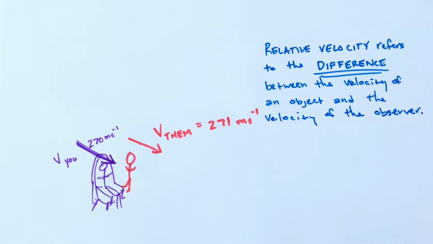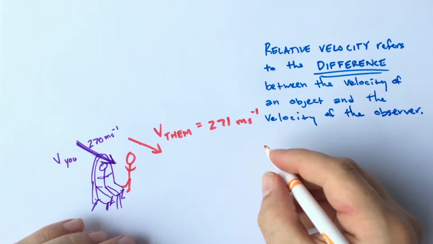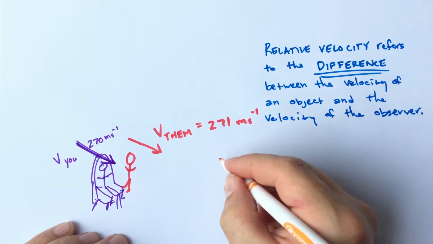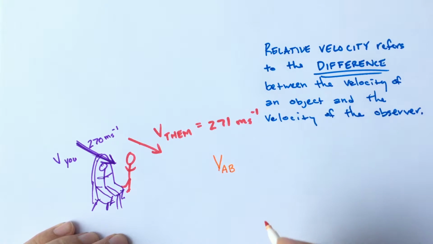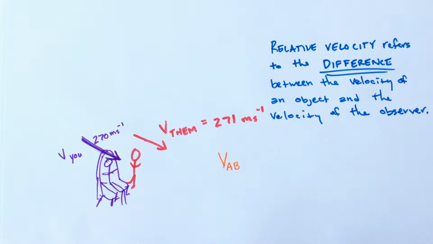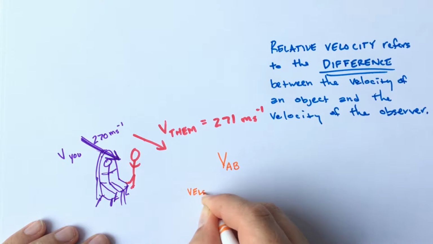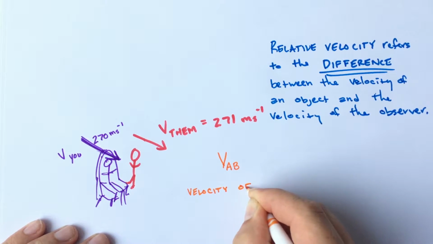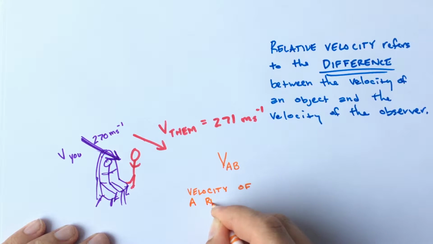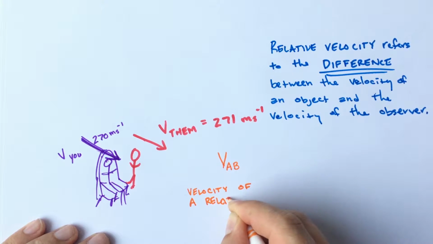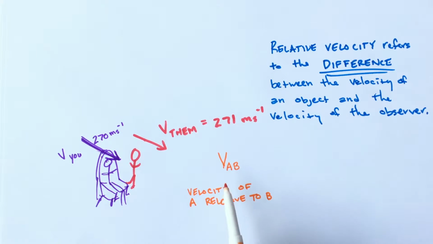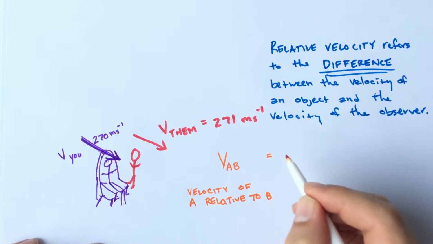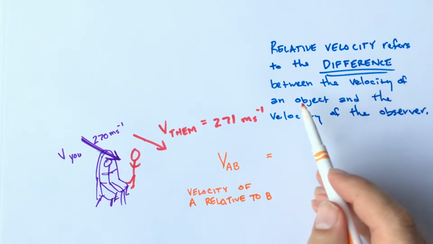So this is kind of an important idea. If I was to write v, the velocity of A relative to B, let's write what that means. That means the velocity of A relative to B. The velocity of object A relative to the observer that we'll call B is equal to the difference between the velocities of the objects.